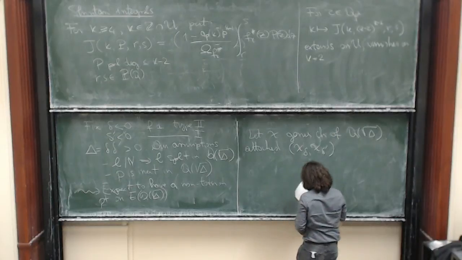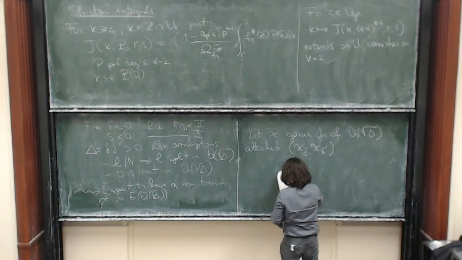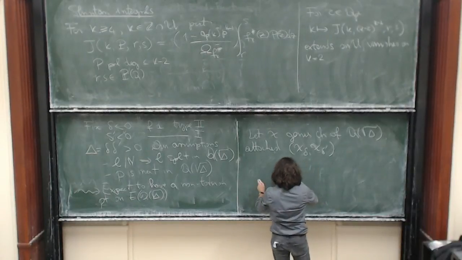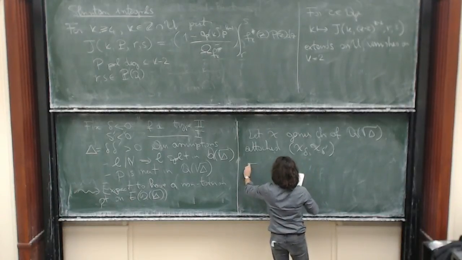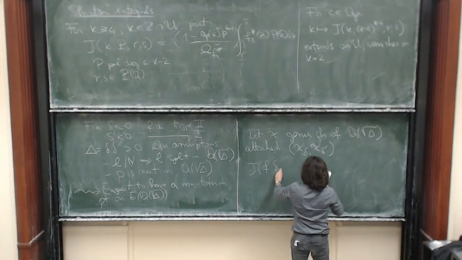In this condition we can consider this object J of F, delta, delta prime.